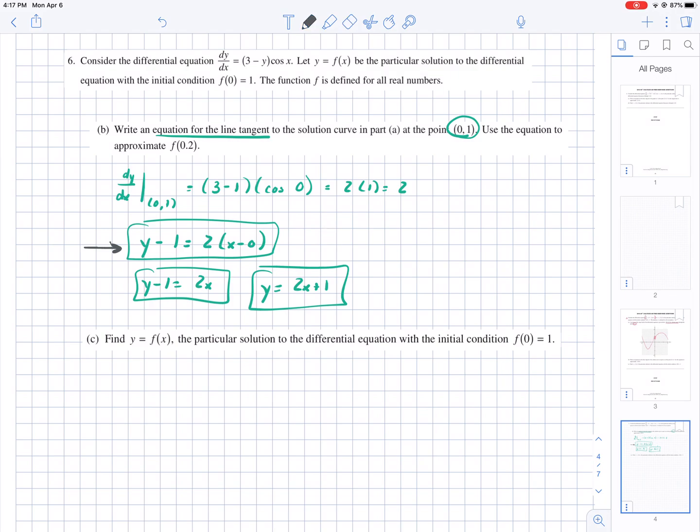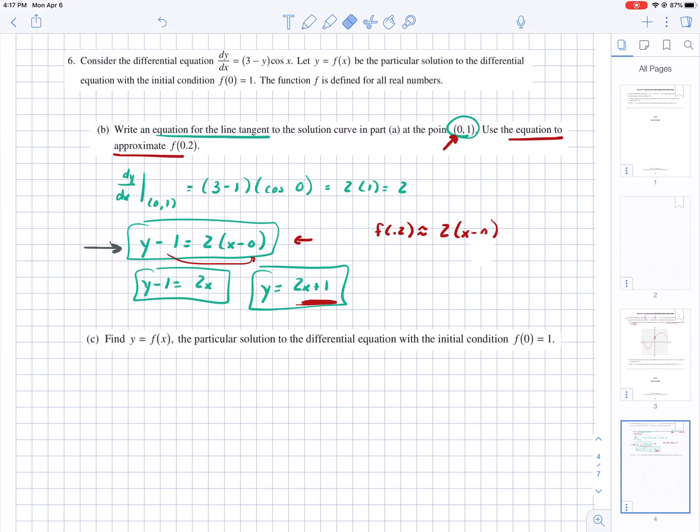The next step in this was reuse that equation to approximate f of 0.2. So I'm going to use this equation right here, because that's what I would want you to do. I am going to have to move the 1 over. So what this is saying is we are approximating what's happening at 0.2, so really close to 0, using the tangent line. So f of 0.2 is approximately, and then I'm going to move that 1 over, just like we did over here, and I'm going to say 2 times x minus 0.